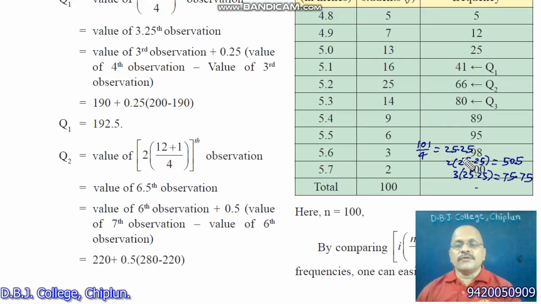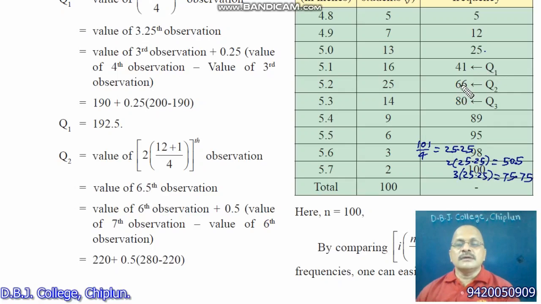Firstly, we want 25.25. This is smaller than 25.25. This is also smaller. So 41 is the first cumulative frequency that is larger. Sorry, this class contains the first quartile.